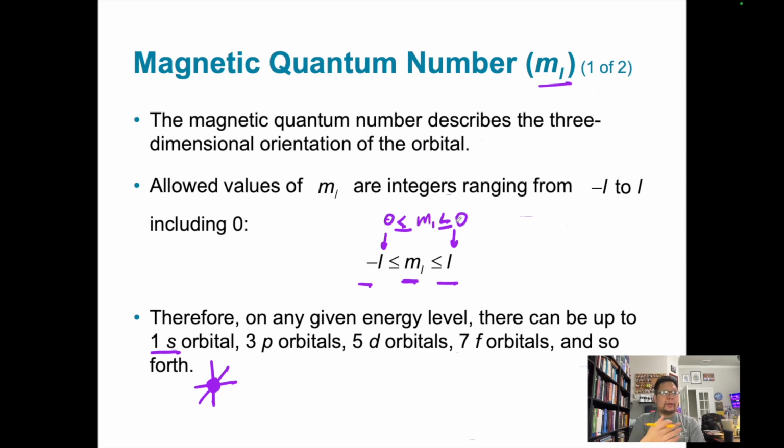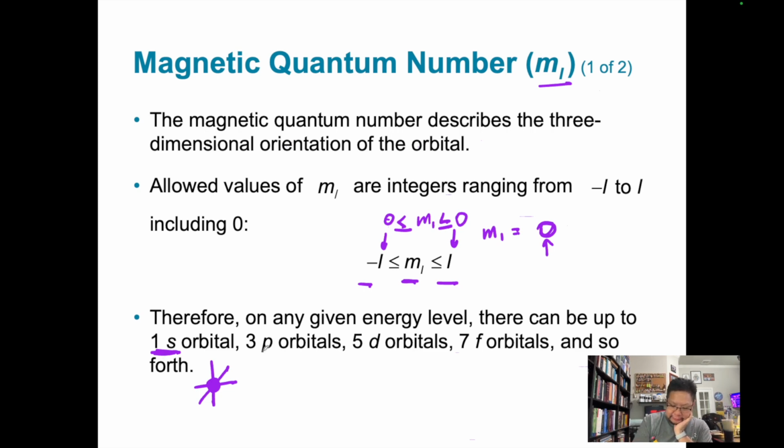What is the only value that fits in that equation and is true? That value is 0. So m sub l has only 0 in it, only one digit, which means there's only one orientation. That tells you there's only one s orbital, which makes sense because it's a sphere. No matter how you orient it, it always looks the same.